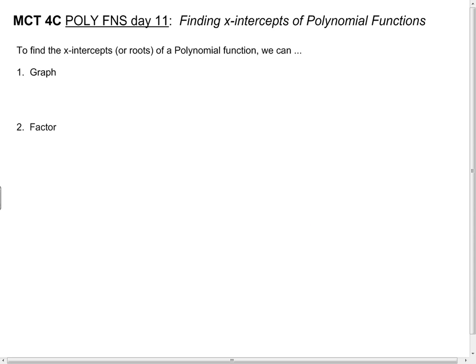So if we are looking for the x-intercepts or the roots or the zeros, as we saw on our graphing calculators, of a polynomial function, so where it meets the x-axis, we can do one of two things. The first is to graph the function and read the x-intercepts off the graph, or get the graphing calculator to do it.